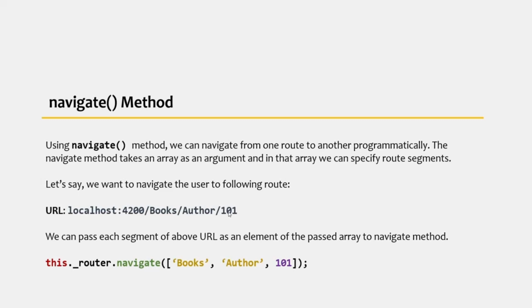But when we use the navigate method, we need to specify each of these segments as an element of an array. So to this navigate method, we need to pass an array, and in that array, we can specify the URL segments as the elements of that array.